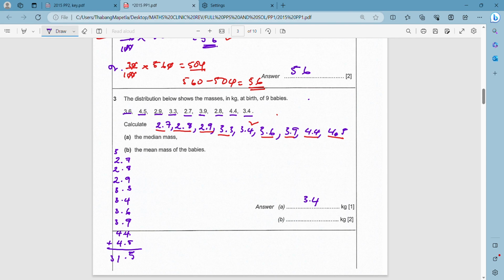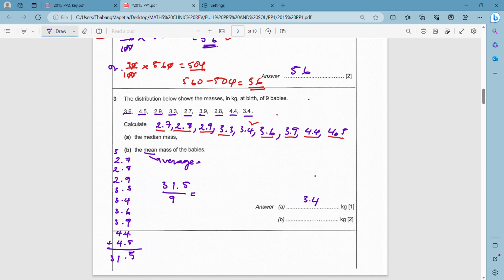So now we have to divide it by 9 because we have 9. Because we want the mean, and mean is simply average. Remember, mean is average. So now we are going to divide that 31.5 by 9. Guys, I'm not sure if I know how to divide by hand. You should say yeah.